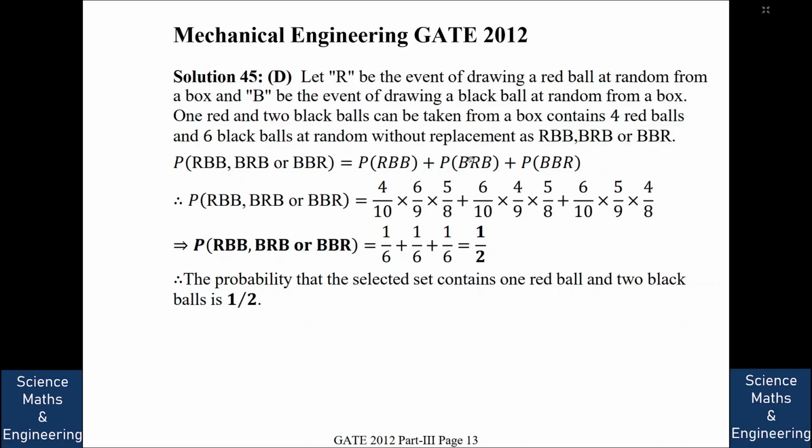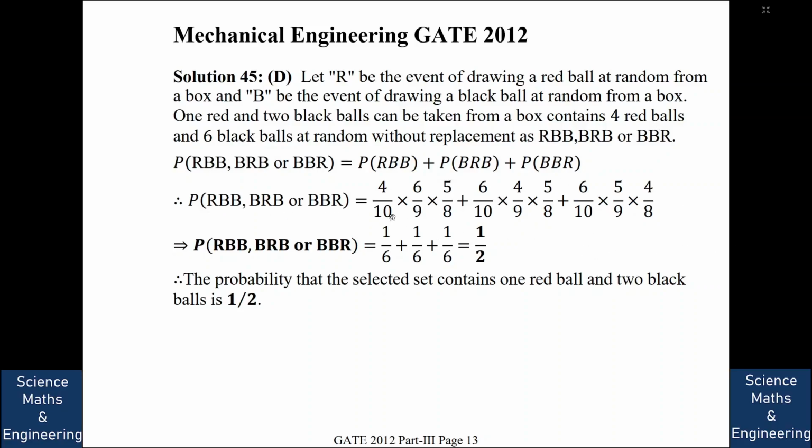Now for black first, it is 6 out of 10, times 4 out of 9, times 5 black balls out of 8. Next, if we have black, black, and red, then what do we get? We get 6 out of 10, then 5 out of 9, and then 4 red balls are still there, so 4 out of 8 balls.